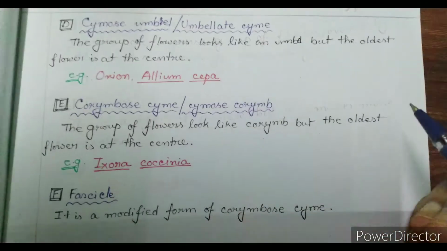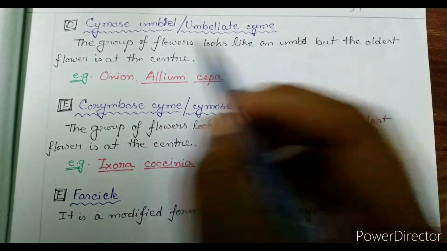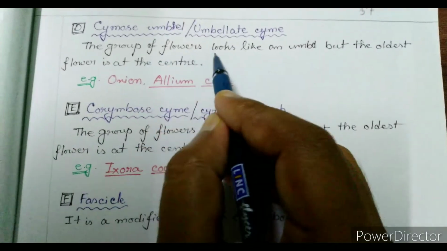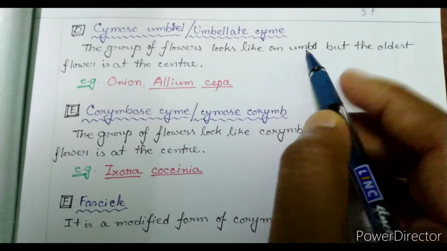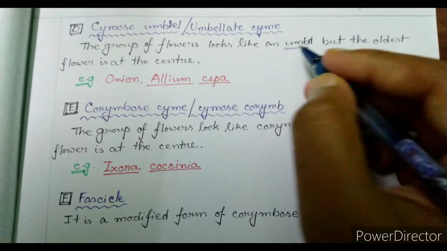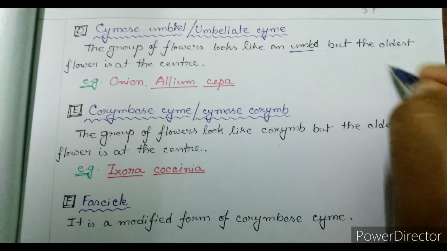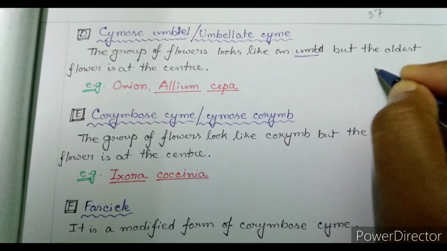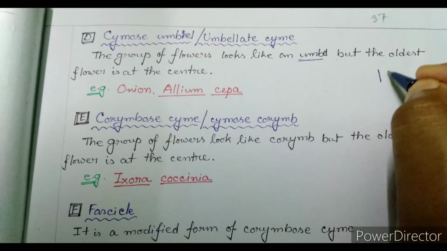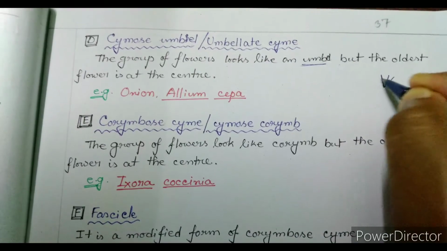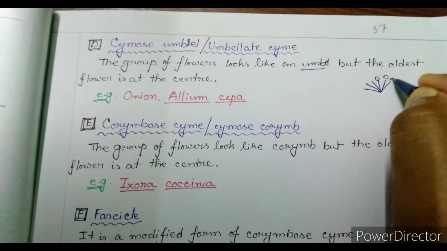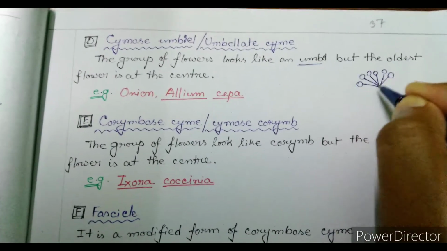Another mixed inflorescence is called cymose umbel or umbellate cyme. The group of flowers looks like an umbel. We know how an umbel looks, but the group of flowers means a compound umbel, where umbel means an umbrella-like arrangement of flowers, present in cluster form.